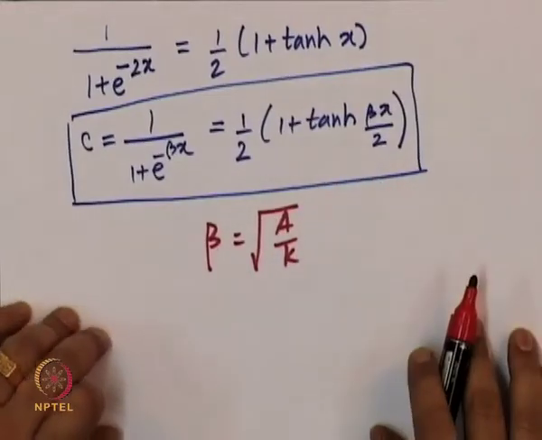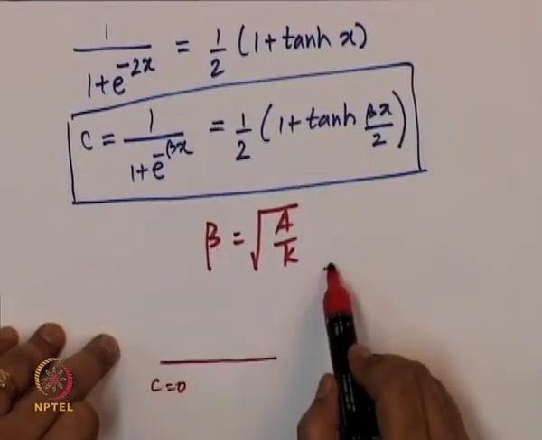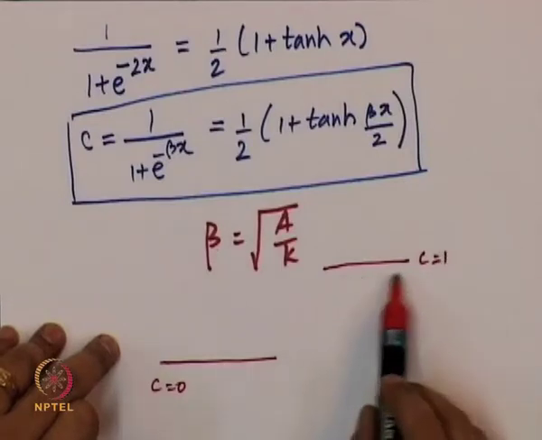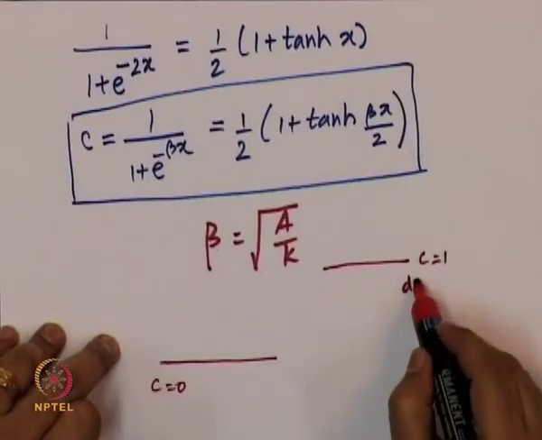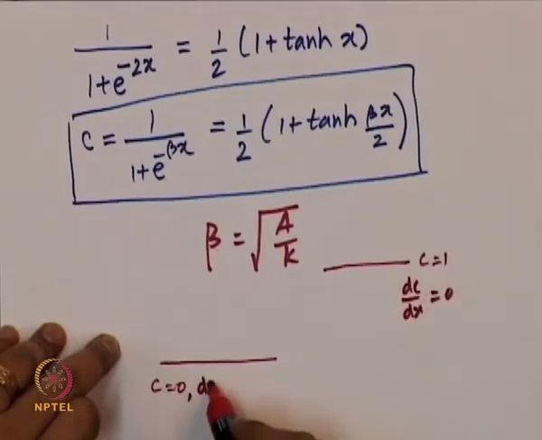The interface that the system chooses: I have a composition profile where C equal to 0, I have another composition where C equal to 1. At both these extremes, we know that dC by dx equal to 0.